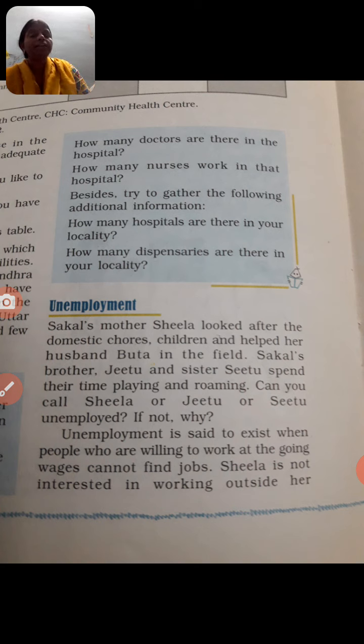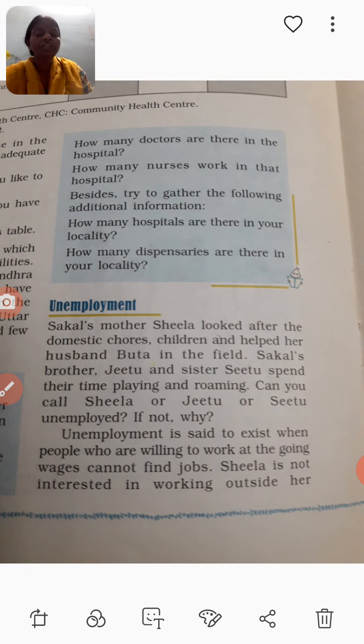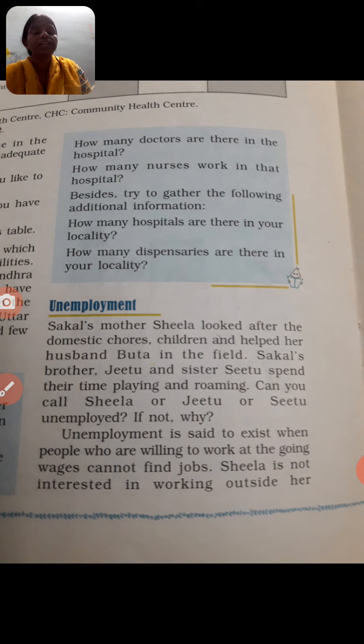So what is unemployment? That question is now. Unemployment is said to exist when people are willing to work. It is a state, a situation which explains that a person who wants to work, who is willing to work, is unable to get it at the existing wages, the wages which other people are getting with the same education and skill.